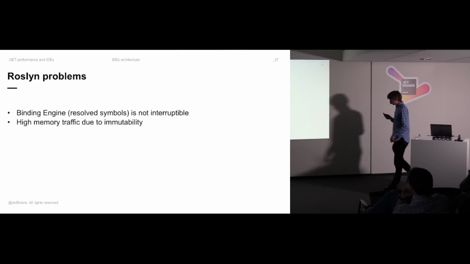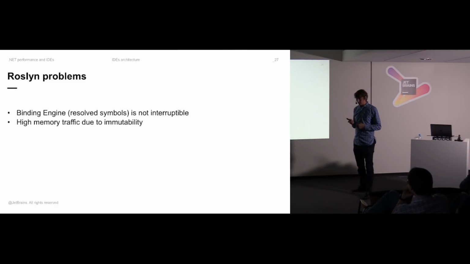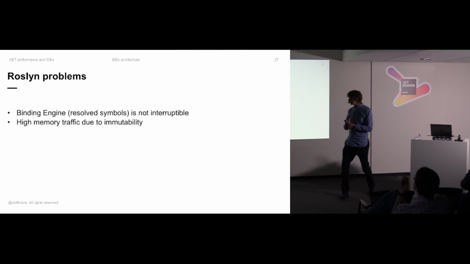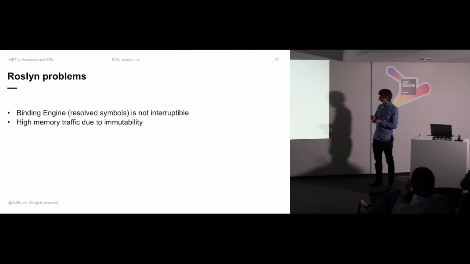Because of this immutability, because of this beautiful idea, they have to allocate even more objects because they have to build new projects from scratch, even though they try to reuse as much as they can. And this produces even more heavy memory traffic.